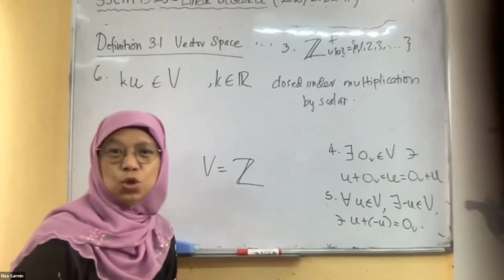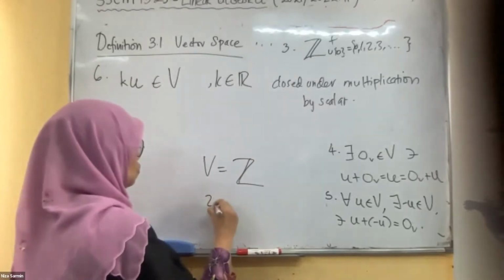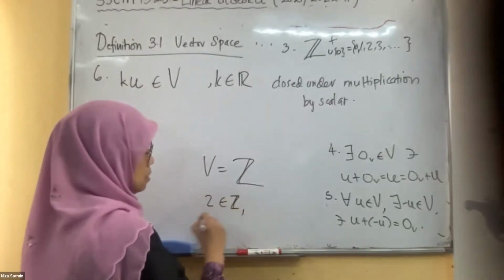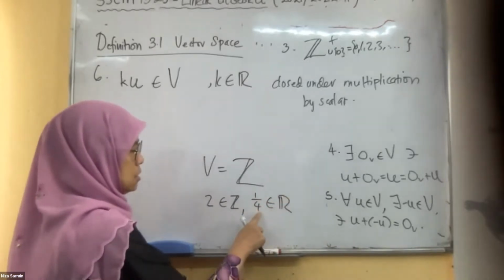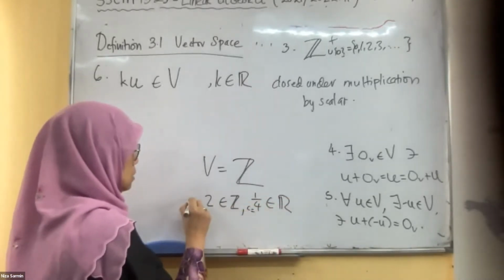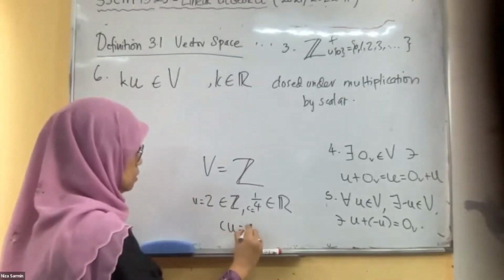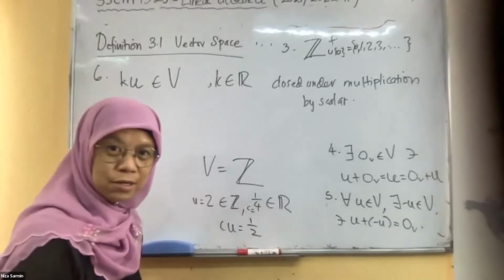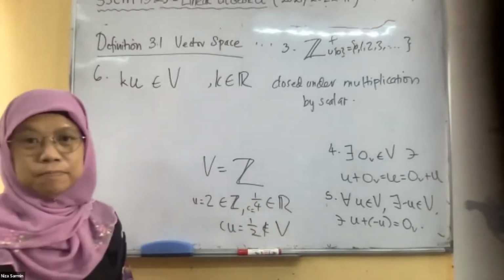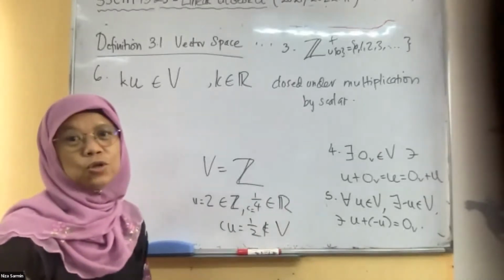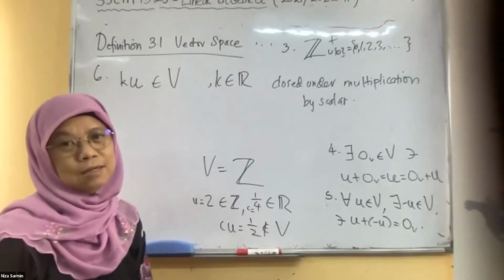Yeah, the answer is no, because if I take 2 in Z, if I take 1/4 in R, this is the c, this is the u, cu is 1/2, right? And 1/2 is not in V. Okay, so it is not closed under multiplication by scalar.